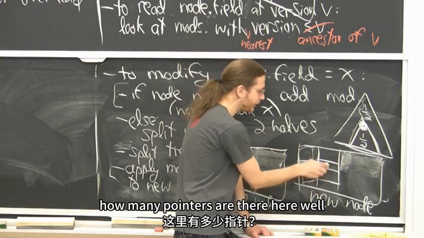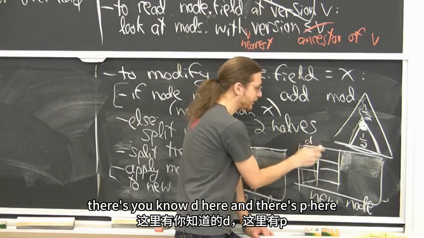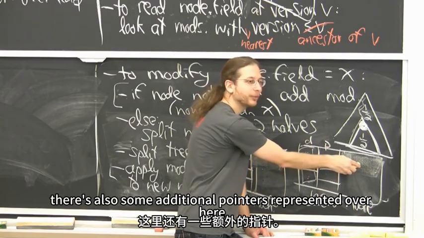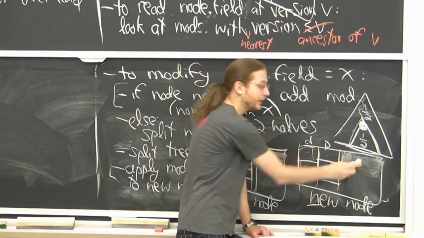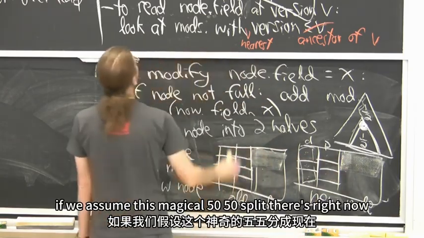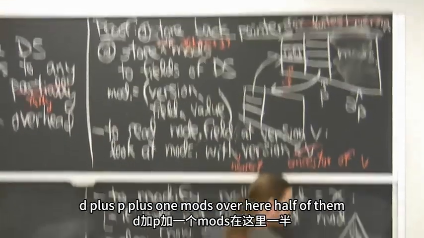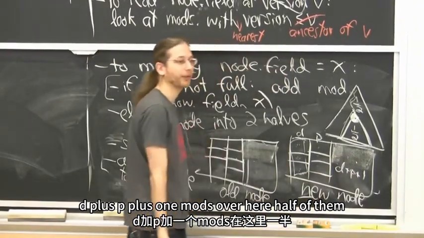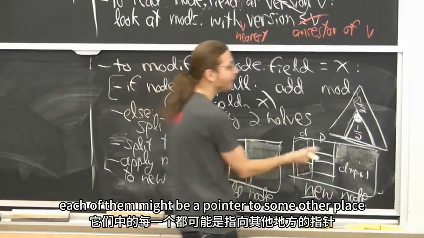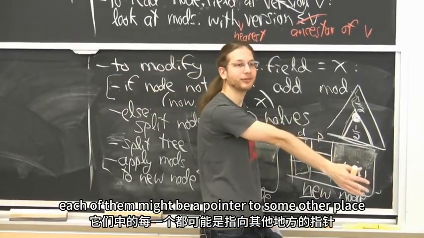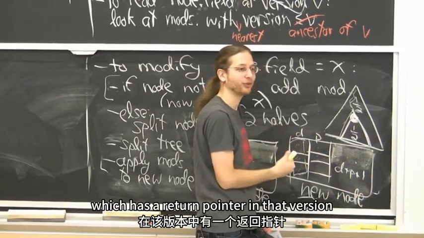How many pointers are there here? Well, there's D here and there's P here, but then there's also some additional pointers represented over here. How many? Well, if we assume this magical 50-50 split, there's right now D plus P plus 1 mods over here, half of them. Each of them might be a pointer to some other place which has a return pointer in that version.